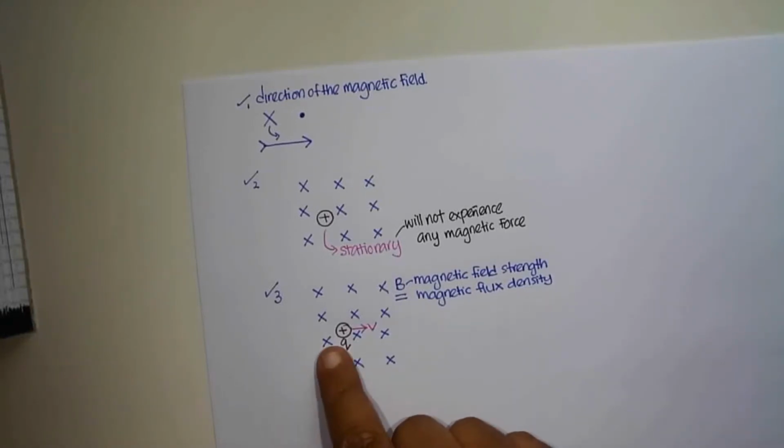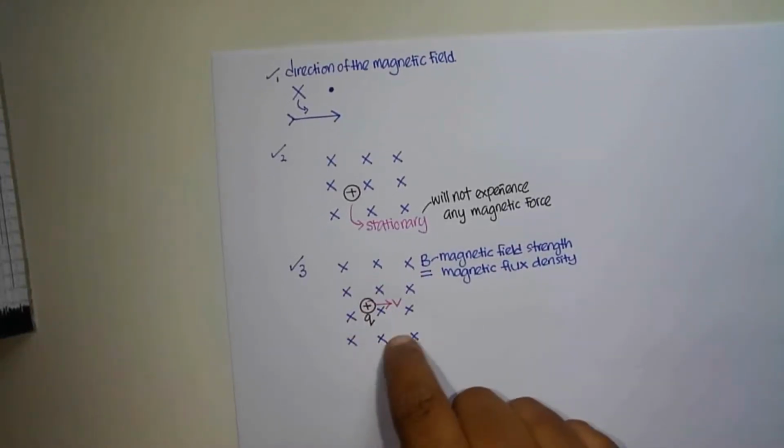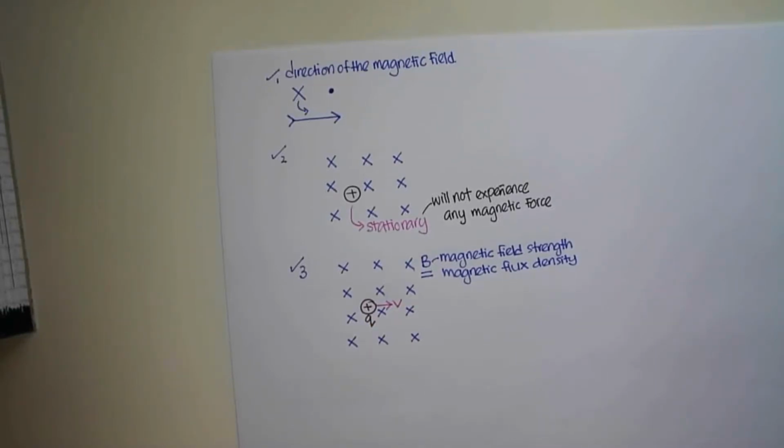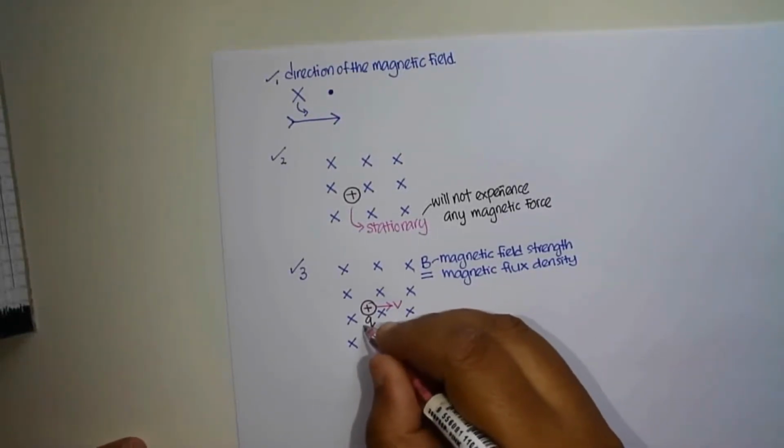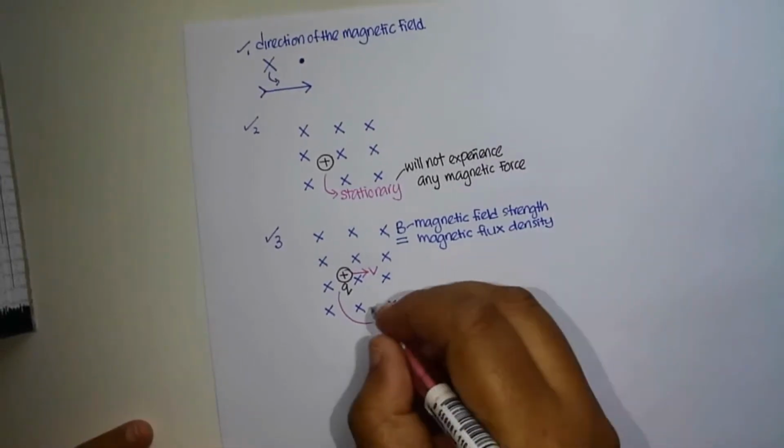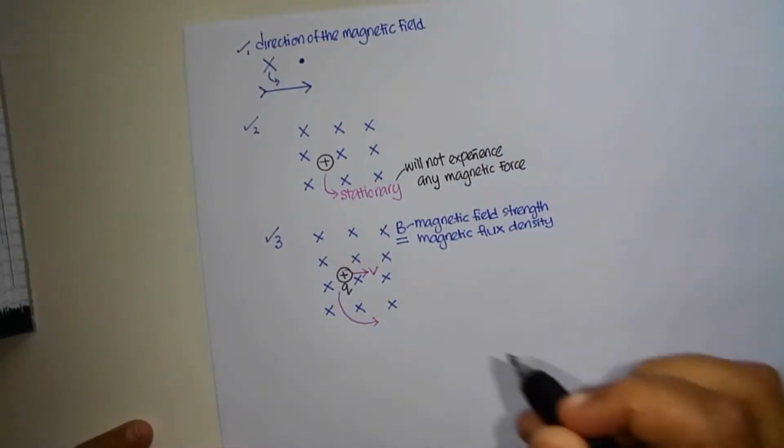So if there is a charge moving in the magnetic field with a velocity v, this charge will experience a force.